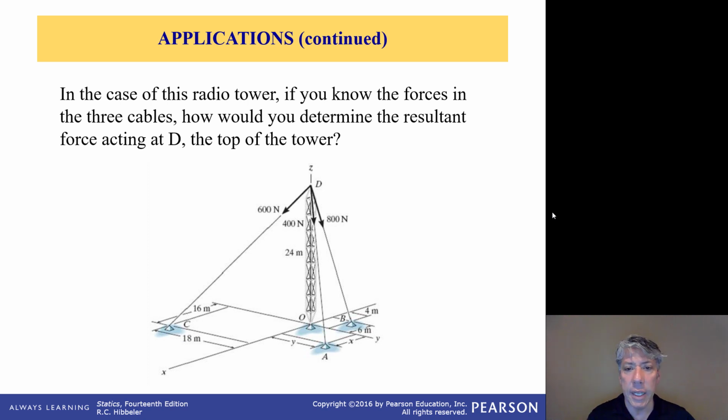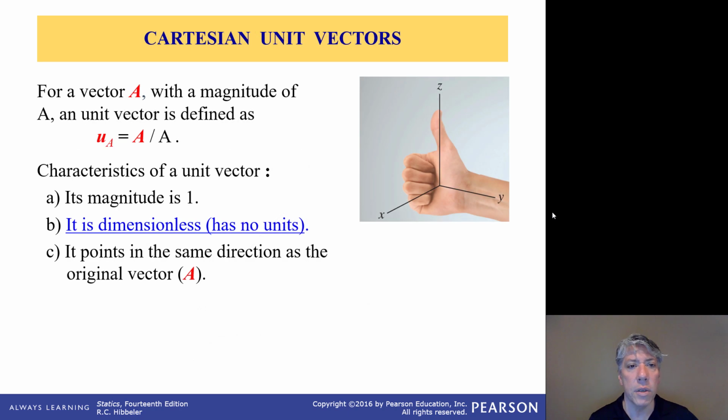Of course, we need the height, and I see it's given there, 24 meters. I missed it a moment ago. But we would need that information in order to represent the force vectors themselves, and then add the vectors together to get the resultant. So these are two big things that we need: representing force vectors in their proper direction and adding force vectors, of course, in three dimensions.